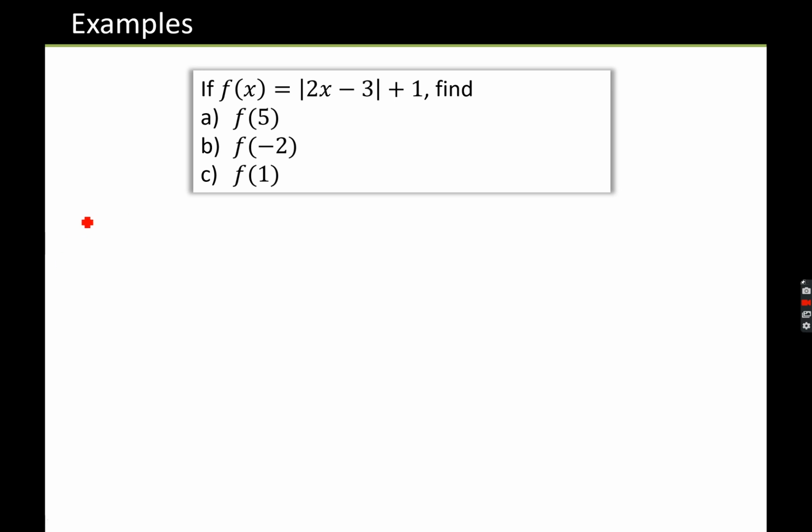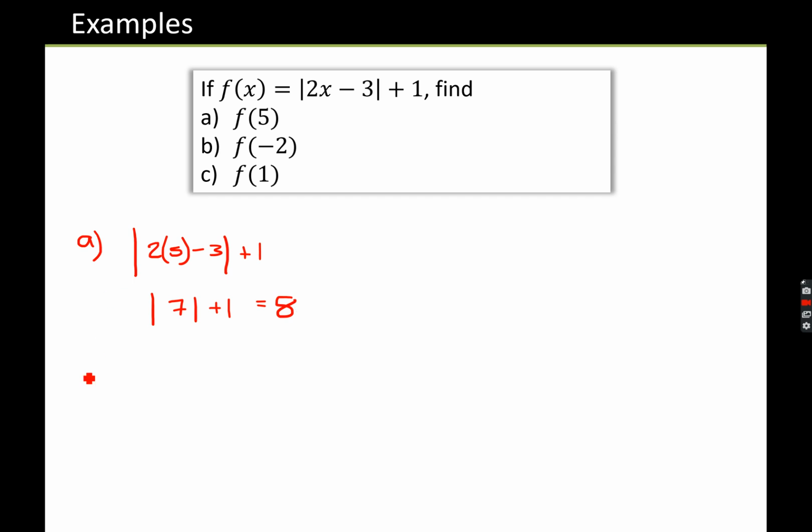For the first one, we've got the modulus of 2 lots of 5 minus 3, plus 1. So we work out what goes inside the modulus sign first, which is going to be 7, plus 1. The modulus of positive 7 is already positive, so it doesn't change. So this just becomes 7 plus 1 to give us 8.